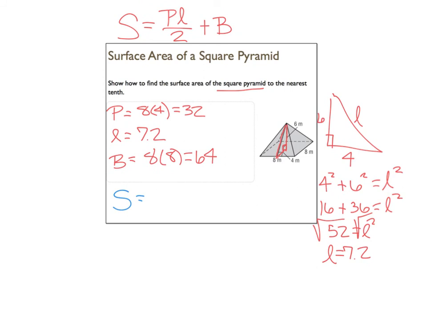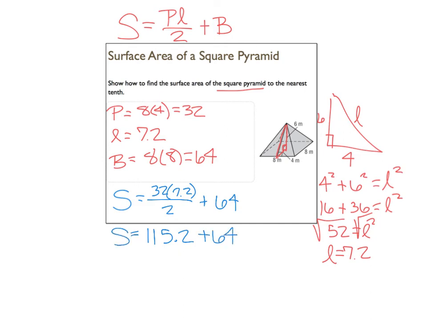All right, so I have my perimeter of 32 times my slant height of 7.2 divided by 2 plus the 64, which is the area of the base. So 32 times 7.2 divided by 2 will give me 115.2 plus 64.